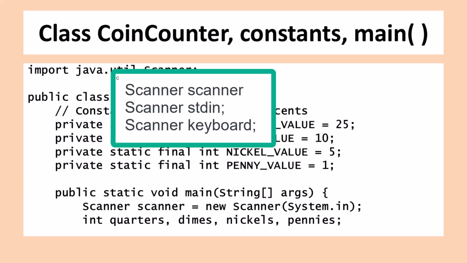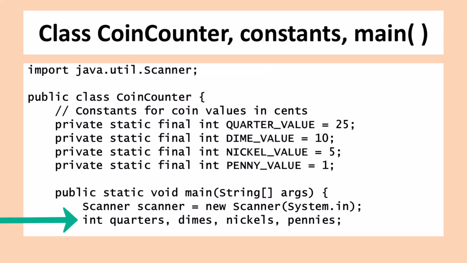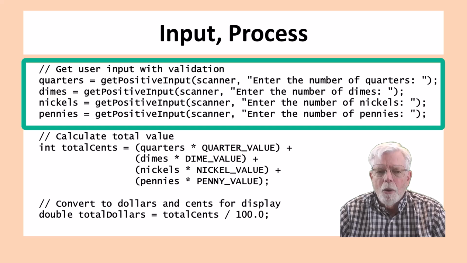It is my preference to use Scanner stdin or Scanner keyboard for the class and object names instead of Scanner to help avoid confusion. Next, I see integer variables declared that will hold the count of coins for each coin type. When inputting the number of coins, this program is using a method named getPositiveInput. This method is not a standard part of Java, so it must be defined later in the program.